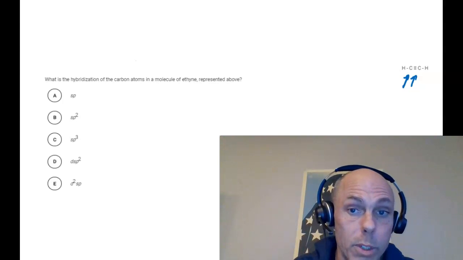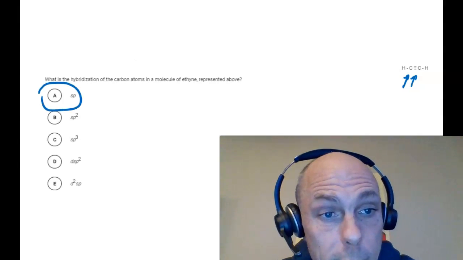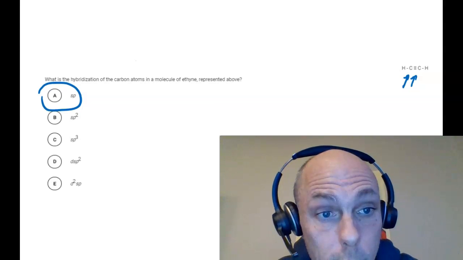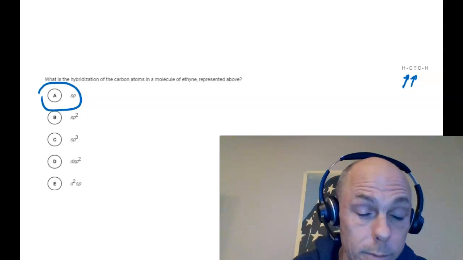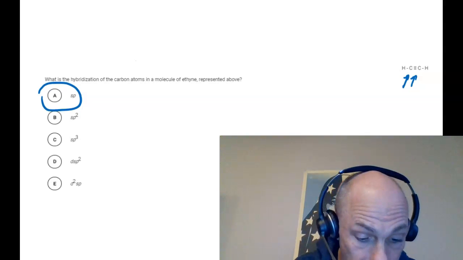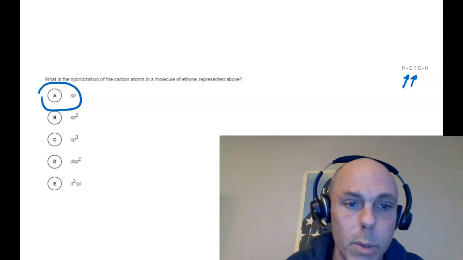Two electron groups, sp. And by the way, the number of electron groups adds up to the number of s's and p's combined. There's one s and one p, two electron groups. sp3, on the other hand, one s plus three p's, 1 plus 3 is 4, would come from four electron groups in the prior problem.